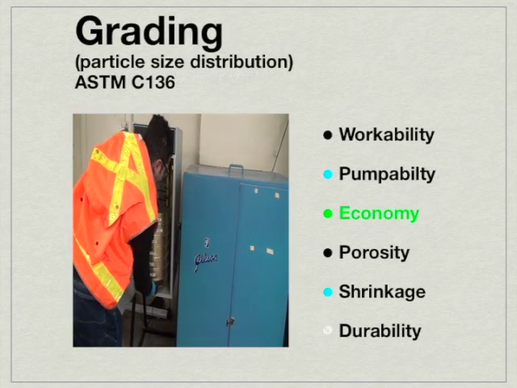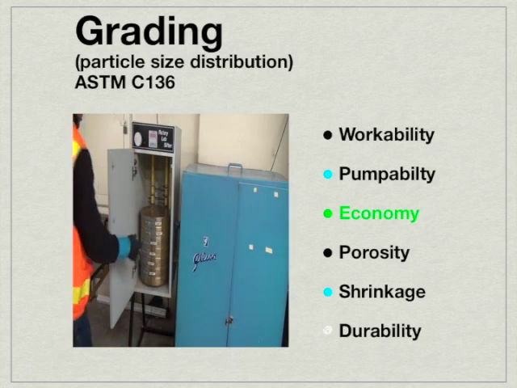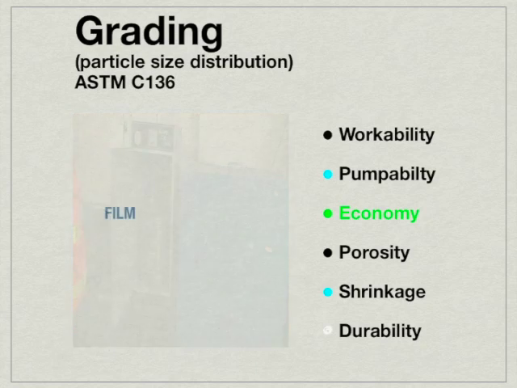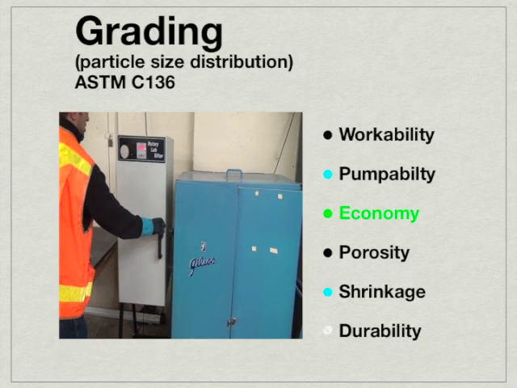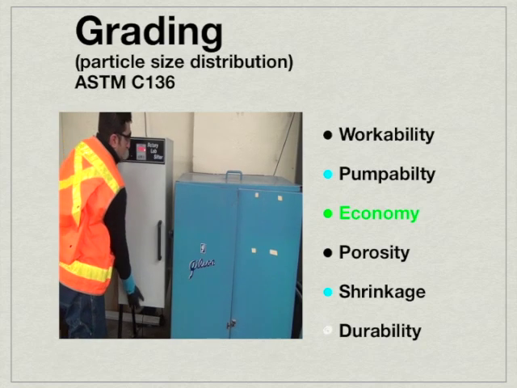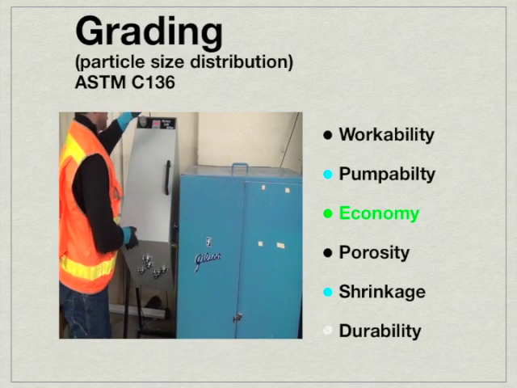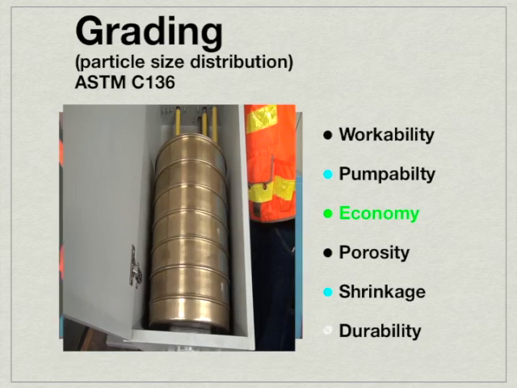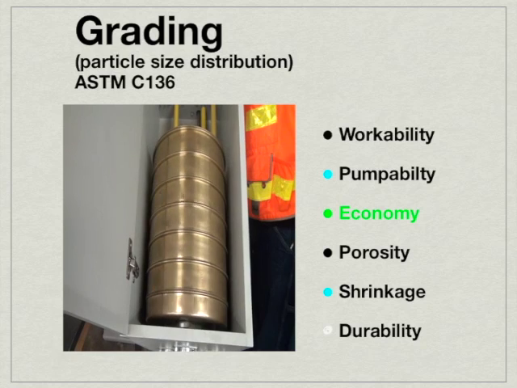The first and arguably the most important characteristic of any aggregate is its gradation, or what's called particle size distribution. In other words, if we order 3/4 inch aggregate, we know that not all of it is going to be 3/4 inch. Some of it will be 1/2 inch, some of it will be 3/8 of an inch, and some of it even finer than that.